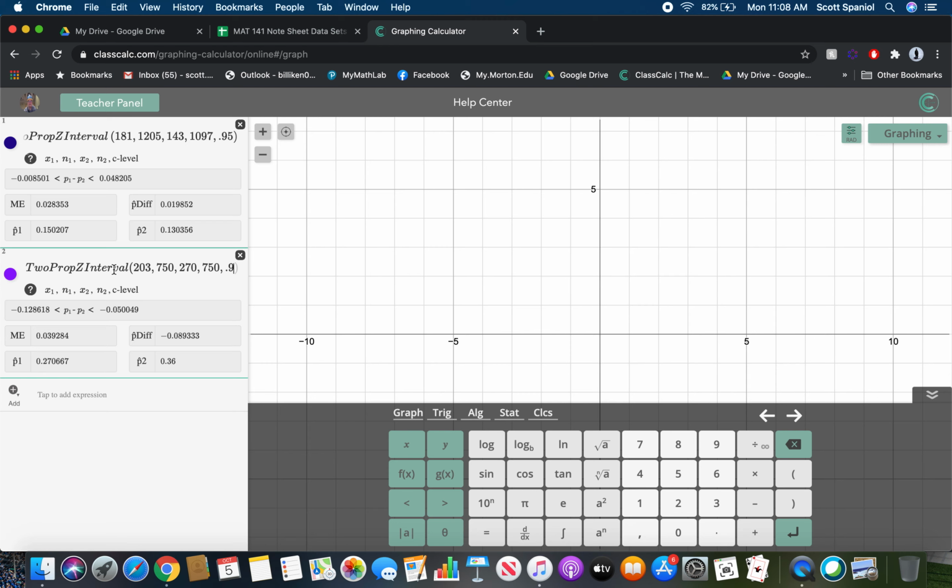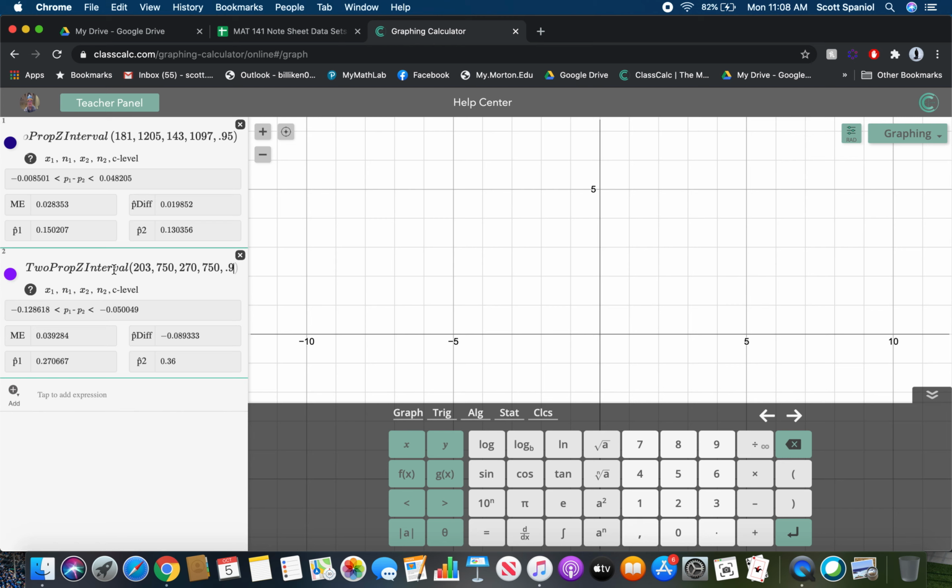So is 0 in this interval, meaning that the groups would be the same? No. And the answer to that is no, because we go from a negative to a negative, and there's no way for 0 to be between two negative numbers.